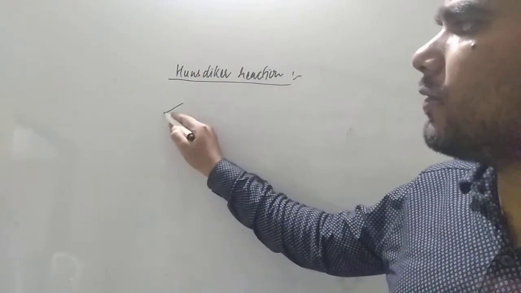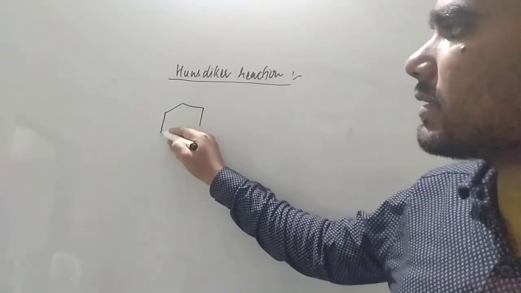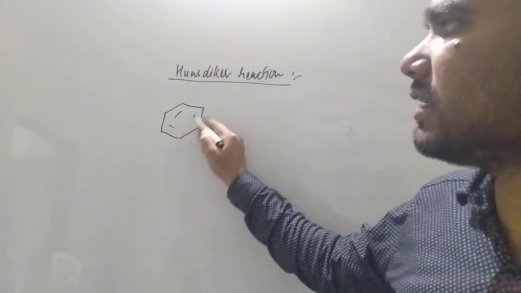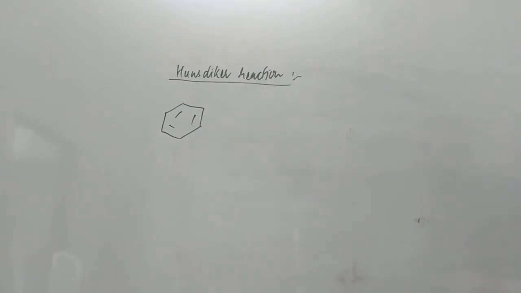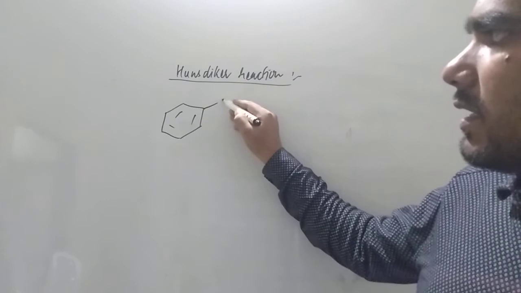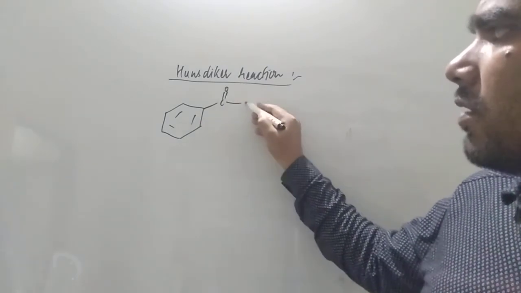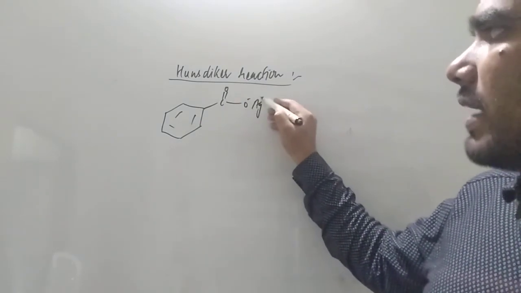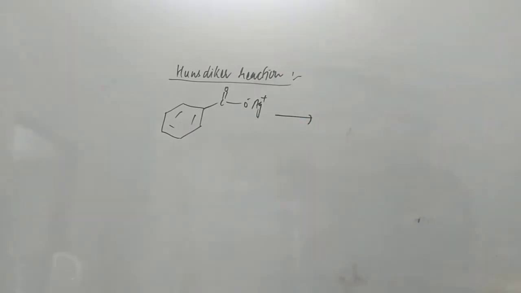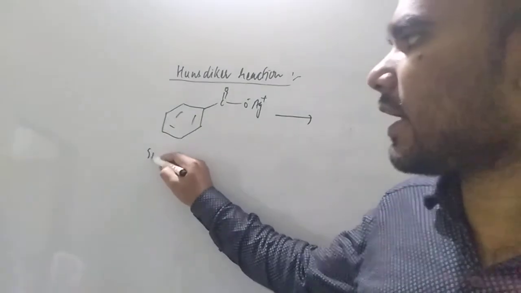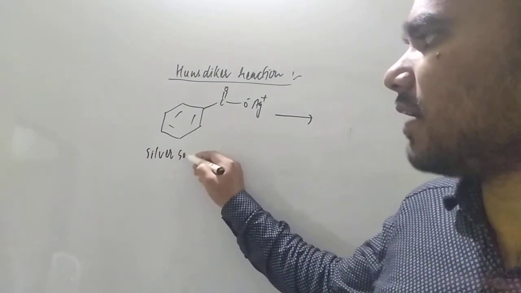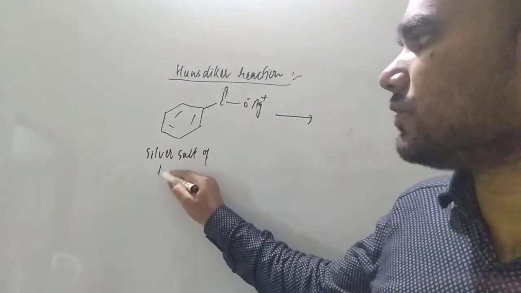In the Hunsdiecker reaction, we take the silver salt of any acid. Suppose we take COO-Ag+. So we have taken the silver salt of benzoic acid.